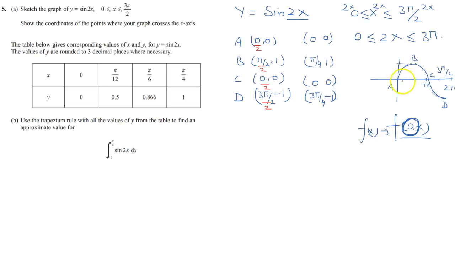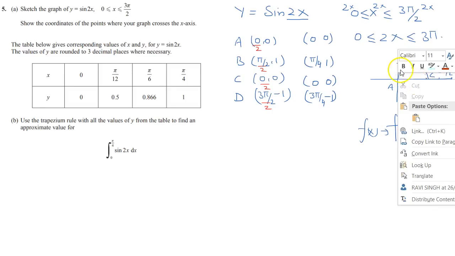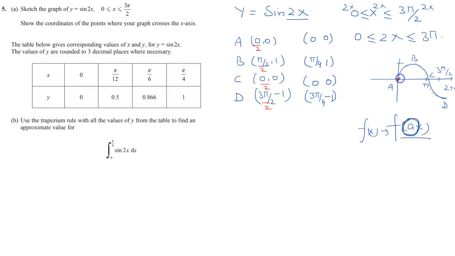So now let's see, 0, 0. This is pi over 2, so this is pi over 4 at 1. Then 0, 0. No, C is not 0, 0. C cannot be 0. C is pi and 0, sorry.